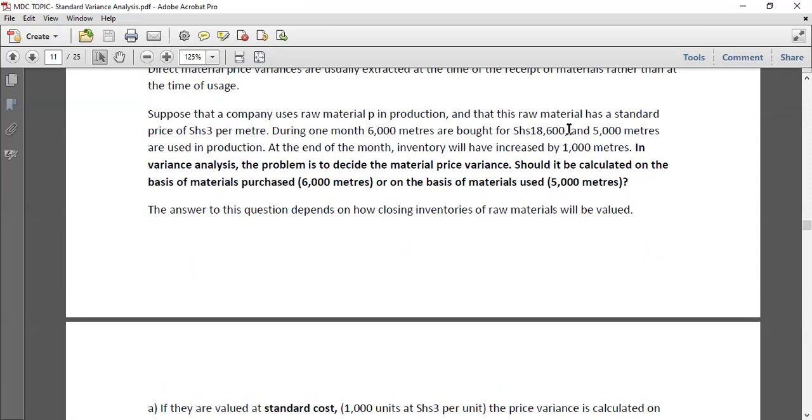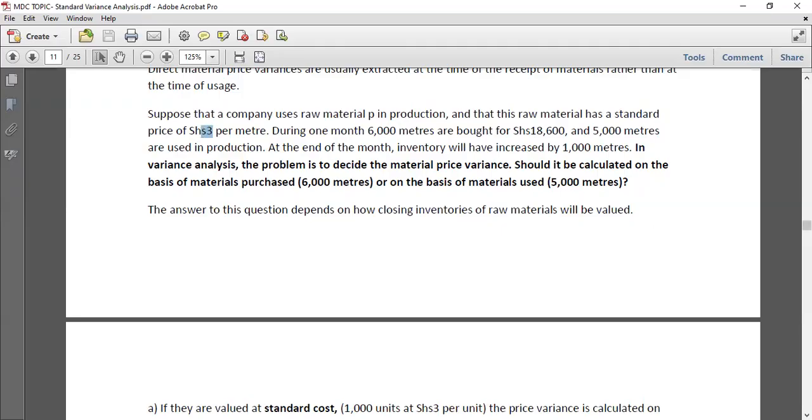When you divide 18,600 by the number of units we have at hand, 6,000, you actually get 3.1. So if you are using standard costing, we get the 1,000, the difference, and multiply it by 3.